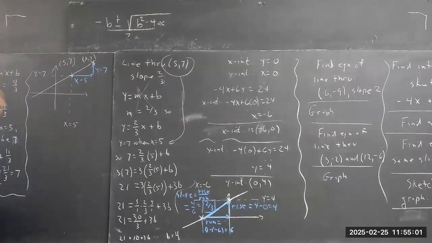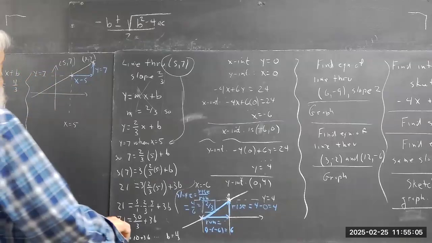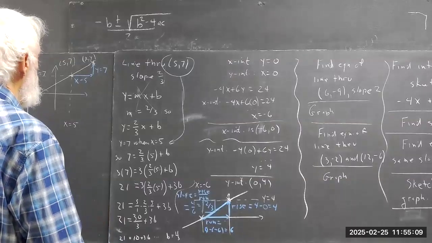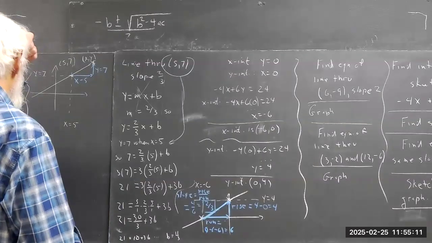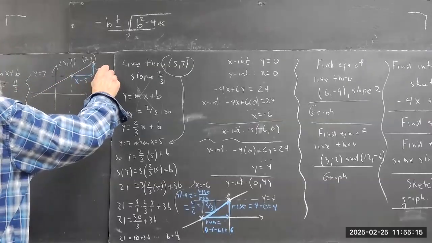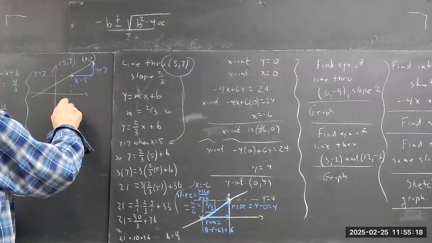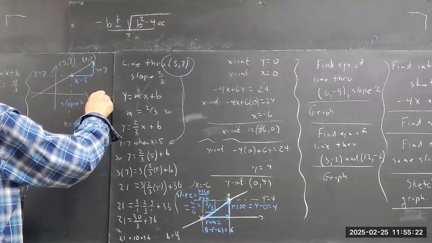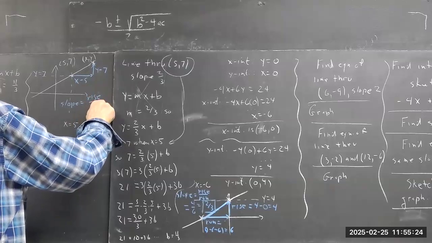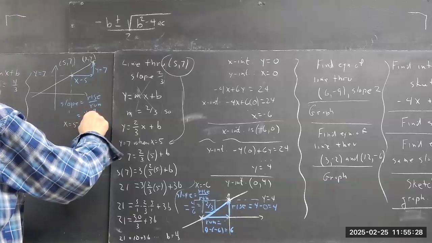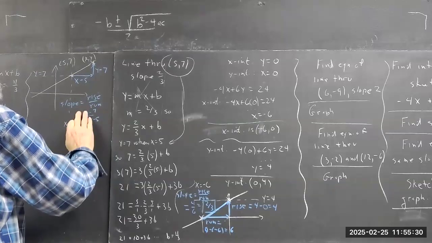At least one person used the equation you get from this. Okay. Slope equals y minus 7 over x minus 5.